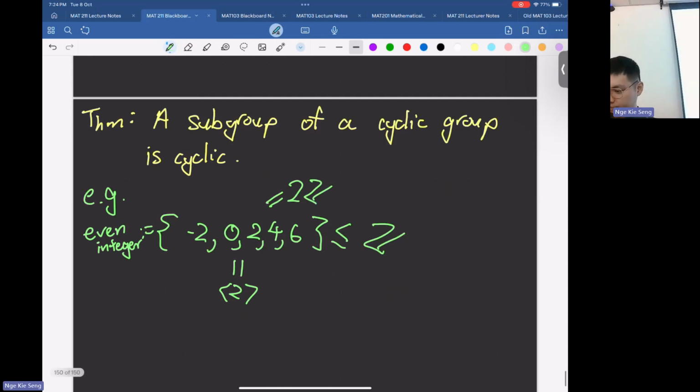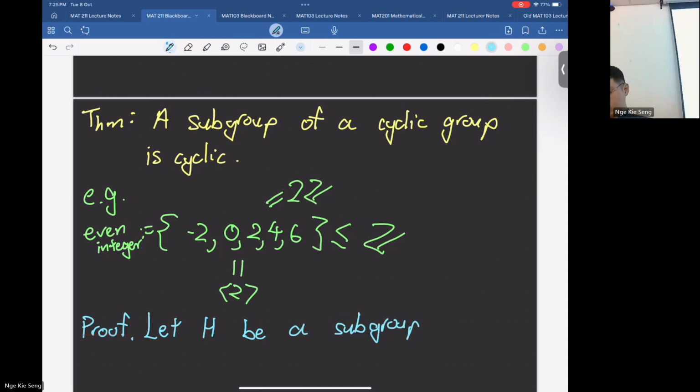So how to prove this? This statement is about any subgroup, so you need to start with an arbitrary subgroup. Let H be a subgroup of a cyclic group.